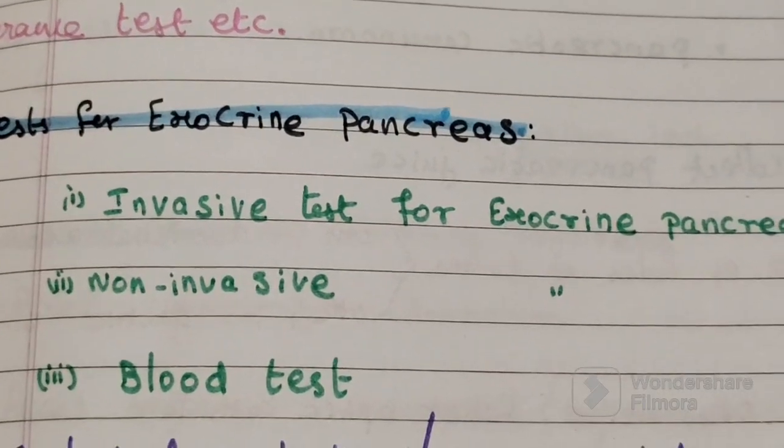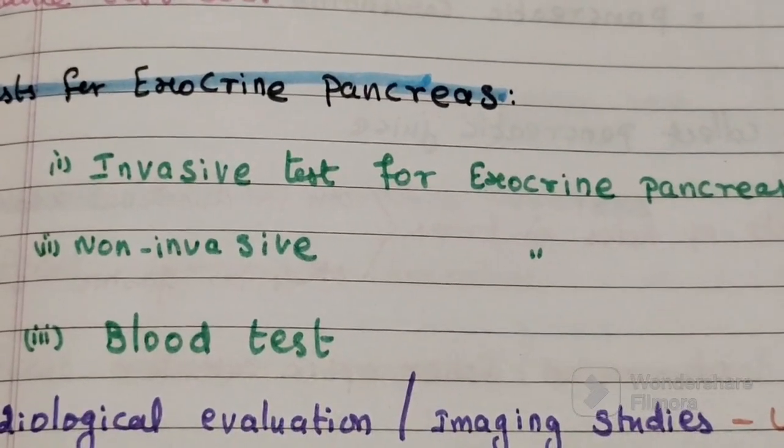Second type is tests for exocrine pancreas.